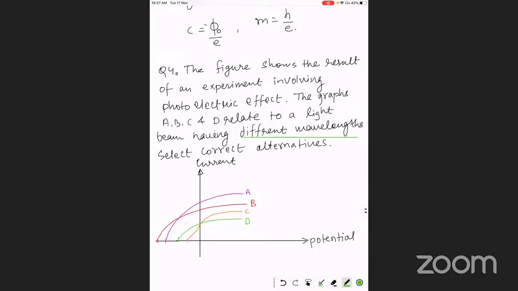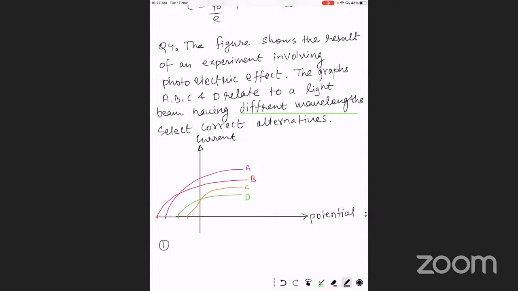Okay. Now see the options. This question is more than one correct.